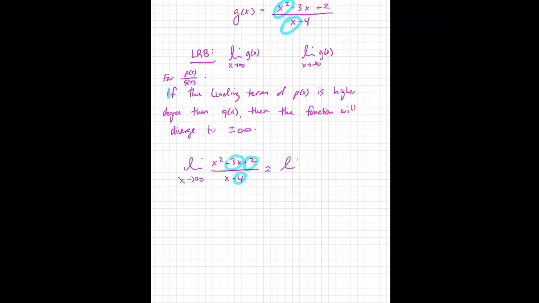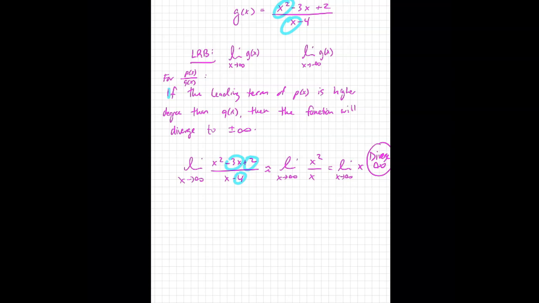And we say this is really the same as the limit of x squared over x, which if we simplify is the limit as x goes to infinity of x, which means this is going to diverge to infinity. Right, and if you think about it, there's more things being multiplied by itself faster in the top than it is in the bottom.